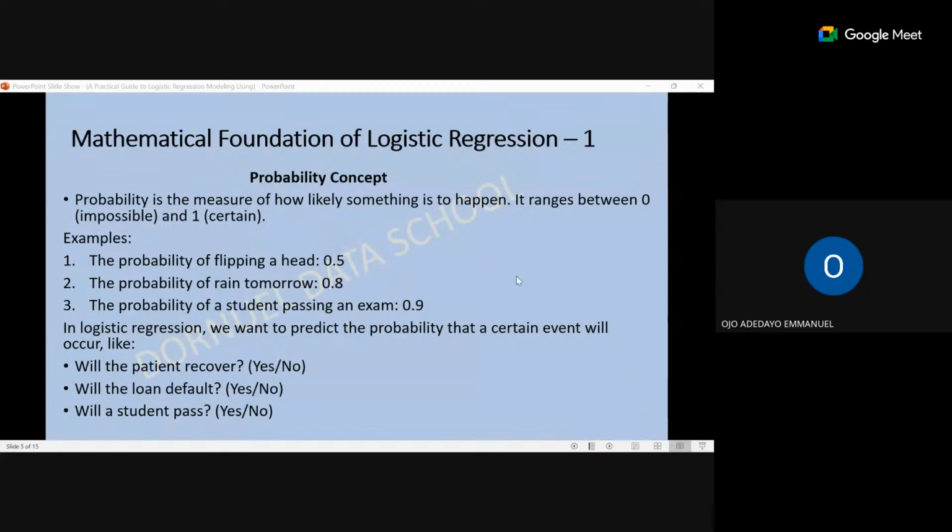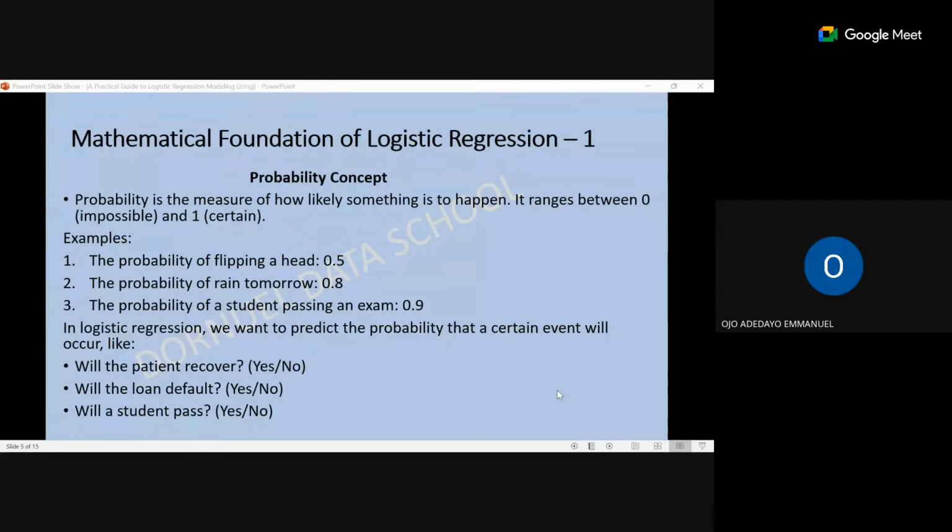Once you have that, look at the example that I have here. If I ask you, in a toss of a coin, if I flip a coin, what is the probability of getting head? I can say the probability of getting head in a flip of a coin is half, which is 0.5. That is, if I have a coin, we have 2 possible outcomes. It's either head or tail.